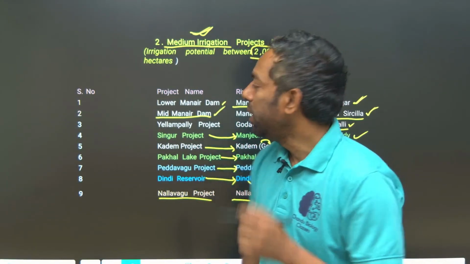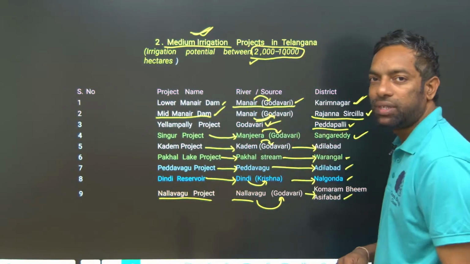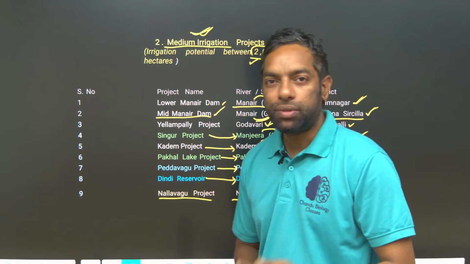They can ask you which one of the following is a medium irrigation project. The potential of a medium irrigation project is 2,000 to 10,000 hectares.